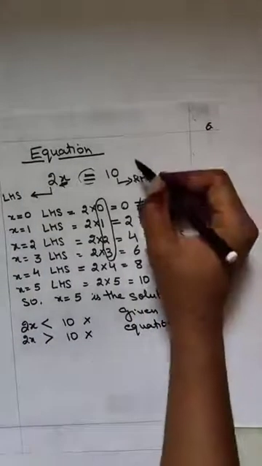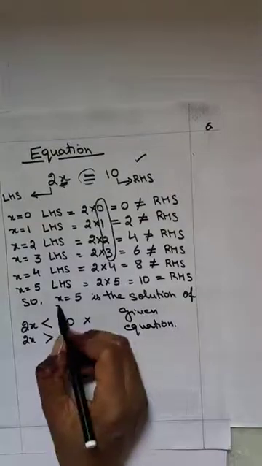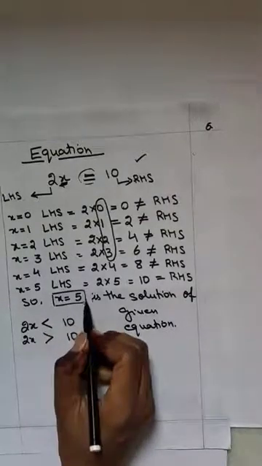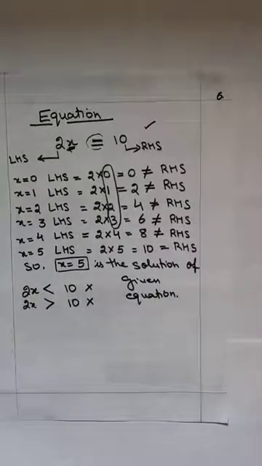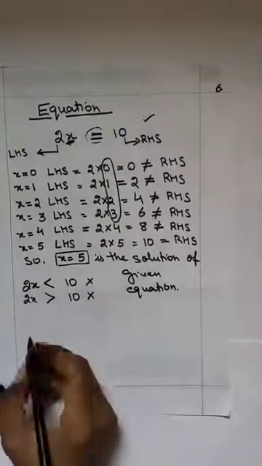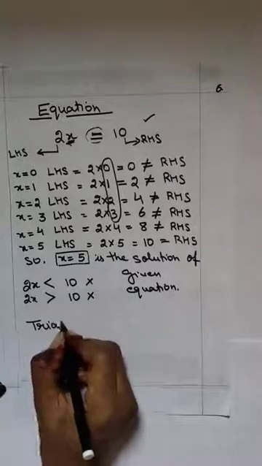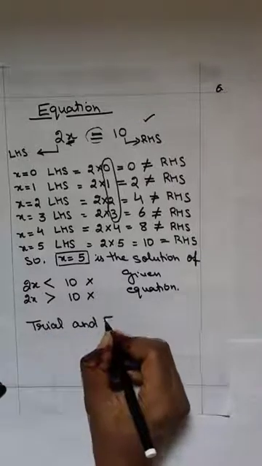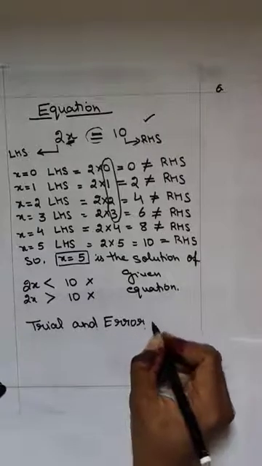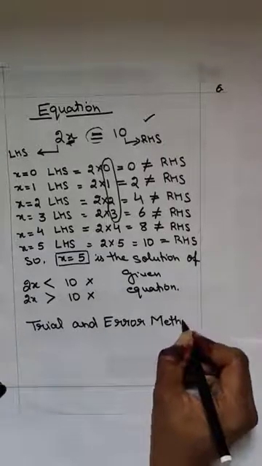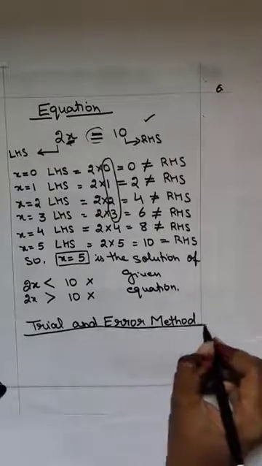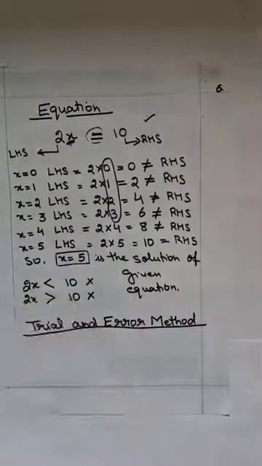It means this equation is satisfied when x is equal to 5. Do you know what this method is known as? This method is known as the trial and error method, because in this method we try different values of the variable. Directly we don't know the answer. That you will learn in the next class: how we can directly find the solution of a given equation.